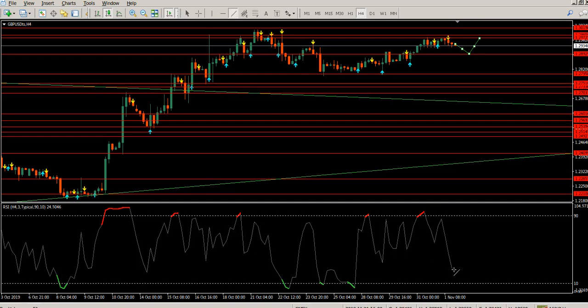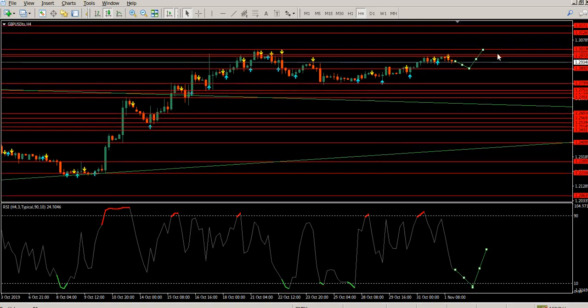I want the RSI to come down, be oversold, and then come up. Now, at this level up here, maybe it'll be overbought, maybe it won't be. If it isn't, and somewhere right around in here, then we'll look at the next level, or even the next level above that, for our overbought area, and then we can sell again.